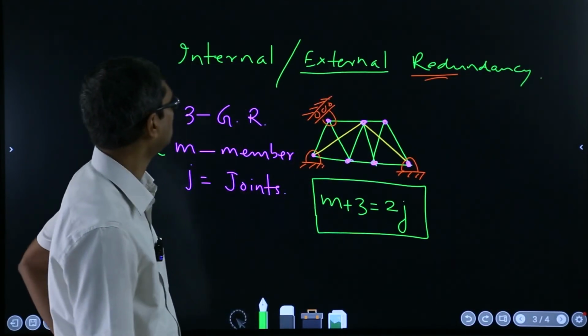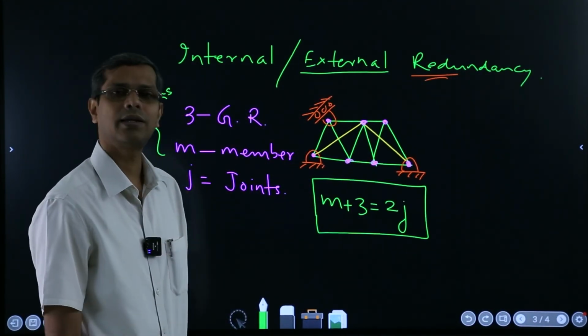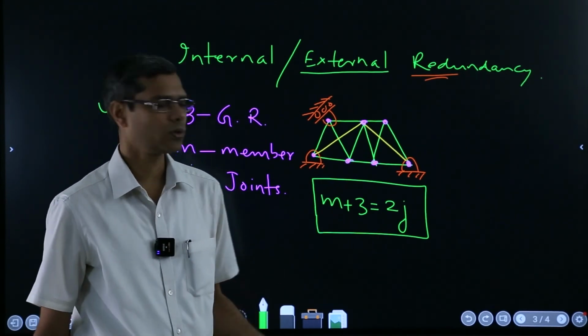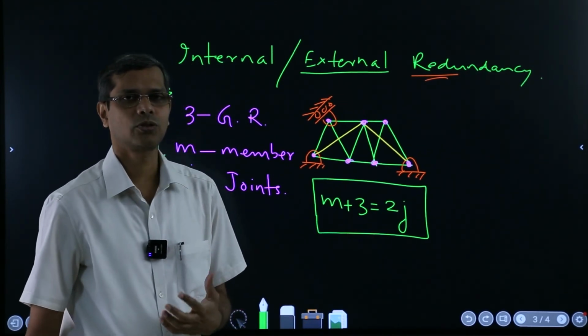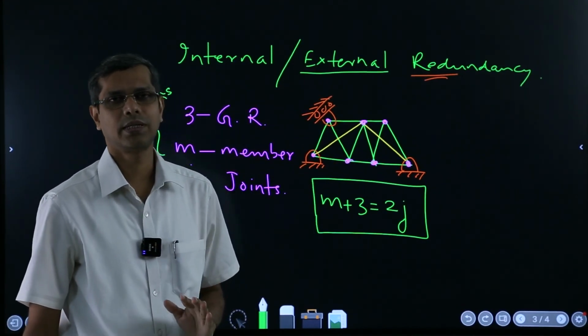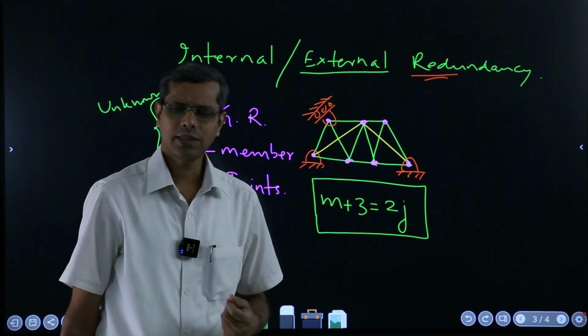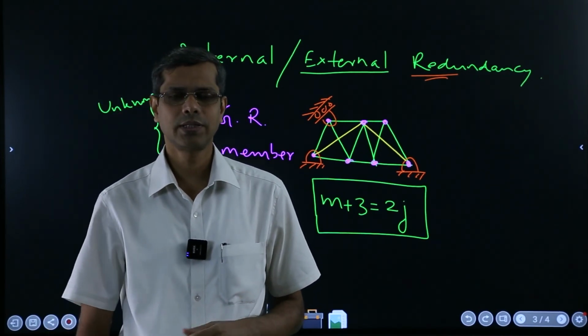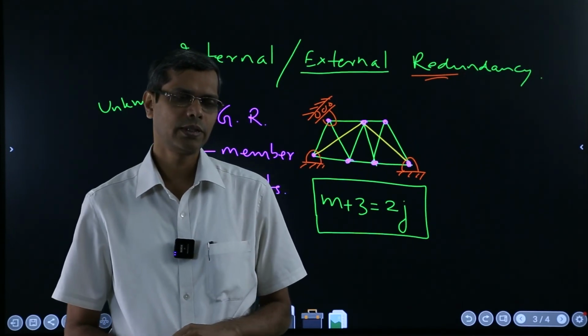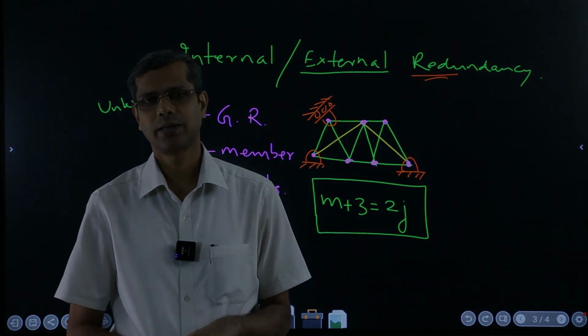And then the external and internal redundancy and the statically determinate condition. This is the condition for a truss to be statically determinate, where externally no redundancy is there. So that's it. We can stop here for this segment, and in fact this finishes the truss portion, and we will see in the next segment.